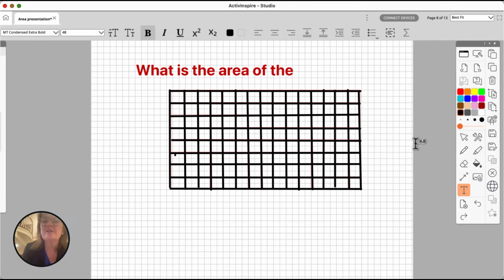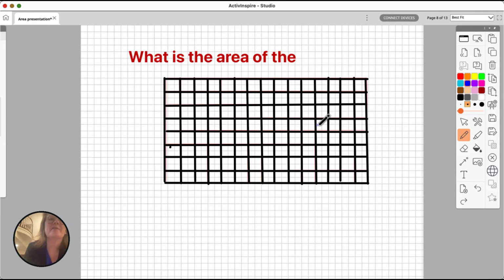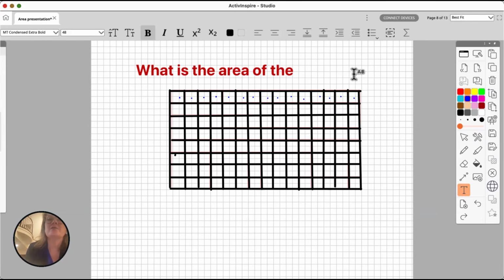All right, so let's look at this giant square here, giant rectangle. See if we can figure out the area. 1, 2, 3, 4, 5, 6, 7, 8, 9, 10, 11, 12, 13, 14, 15. Okay, so across the top we have 15.